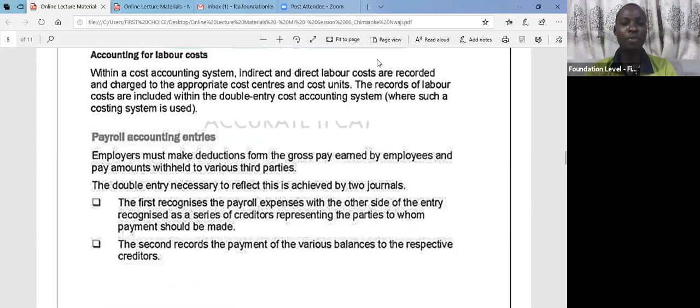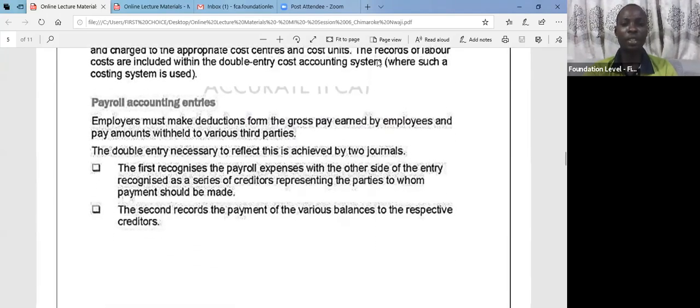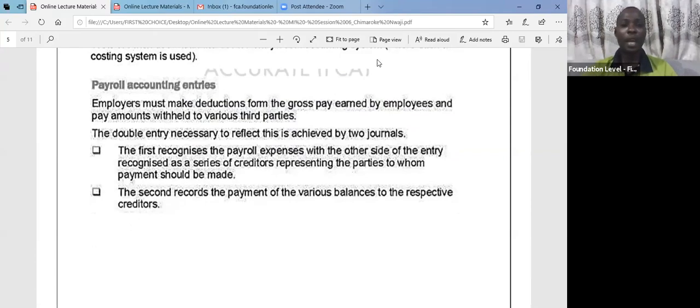Look at the payroll accounting entries. Employers must make deductions from the gross pay earned by employees and pay amounts withheld to various third parties. At the outset, you get your gross pay and you deduct the necessary statutory deductions.